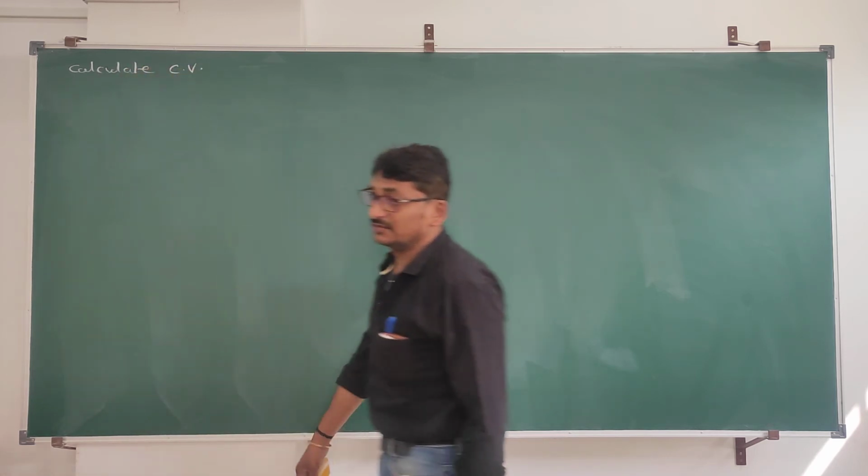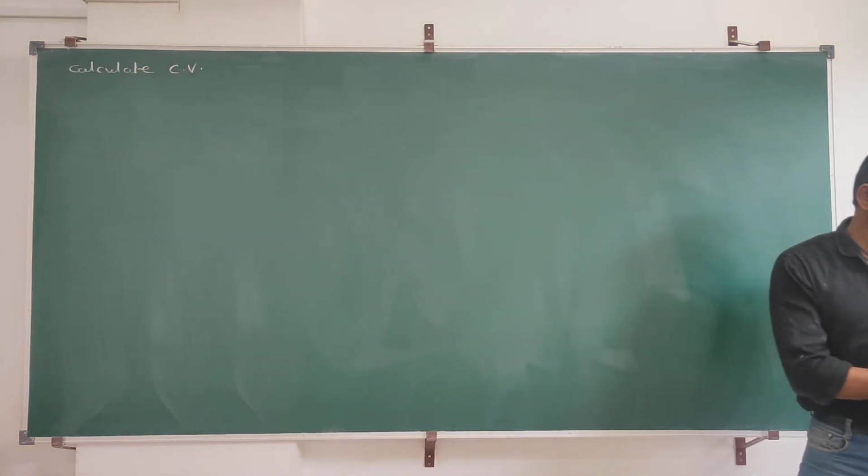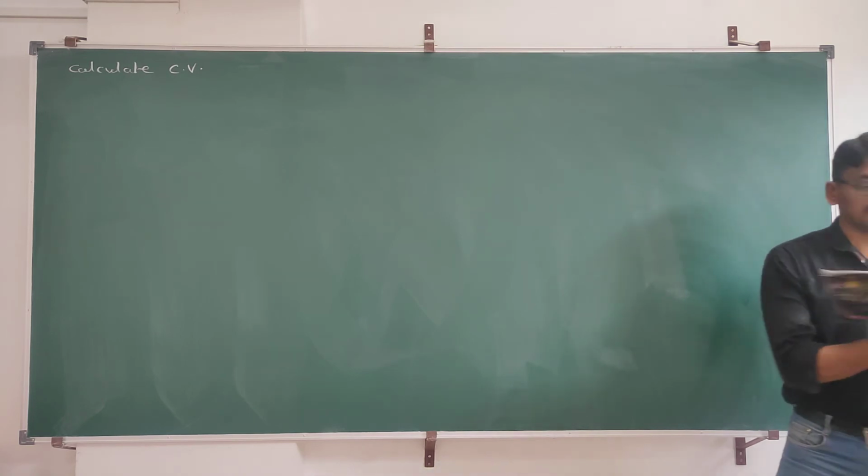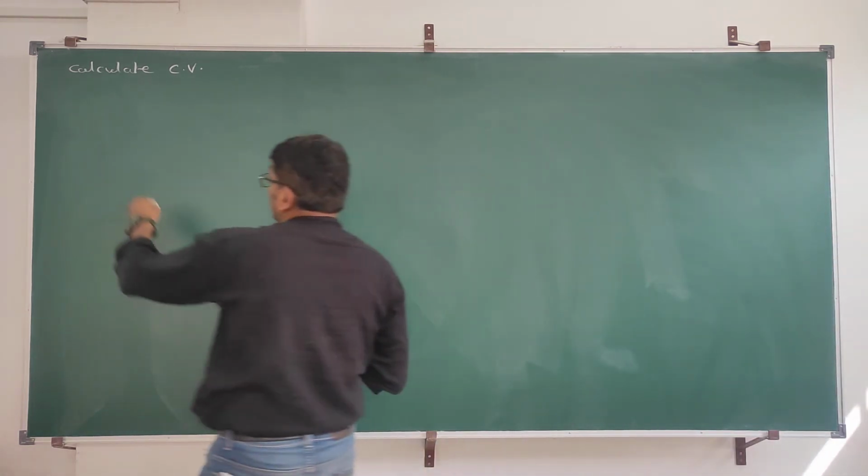Coefficient of variation is nothing but CV. Write down values. Next line you write values.